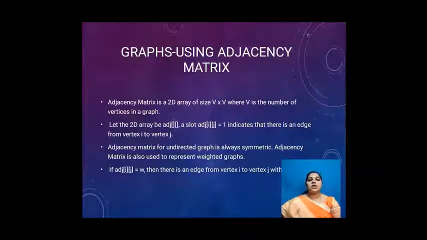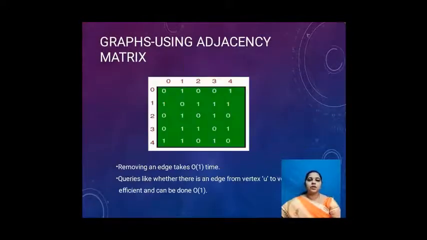The adjacency matrix for an undirected graph is always symmetric. The adjacency matrix is also used to represent a weighted graph. This is the way of representing the graph using the adjacency matrix. If there is a way from vertex 0 to vertex 0, it implies 1, otherwise it implies 0.